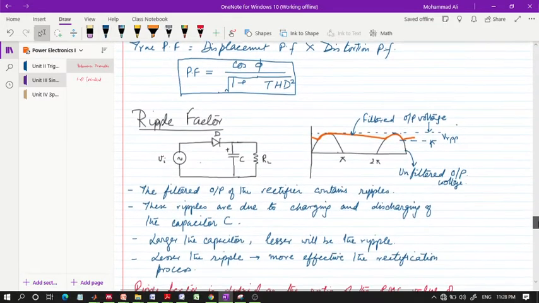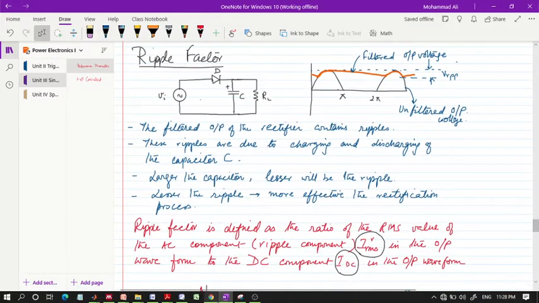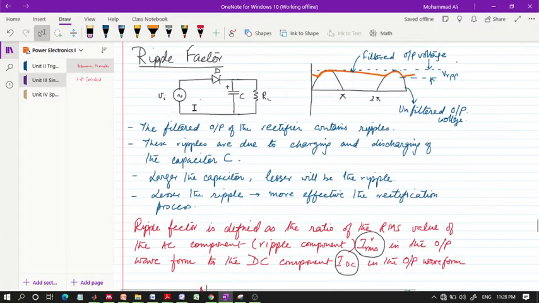Now coming to the ripple factor, which is very important. For example, if we take the half wave rectifier, this will be the output waveform, right?